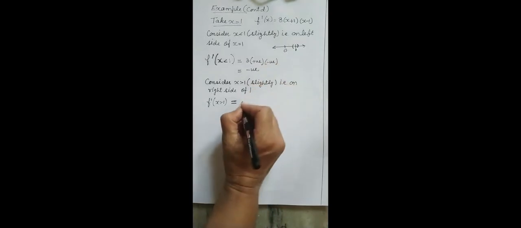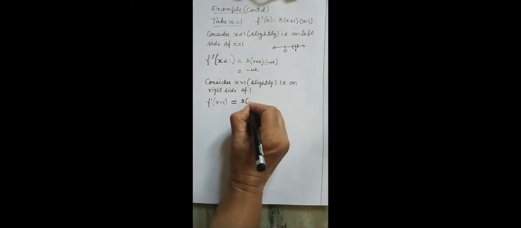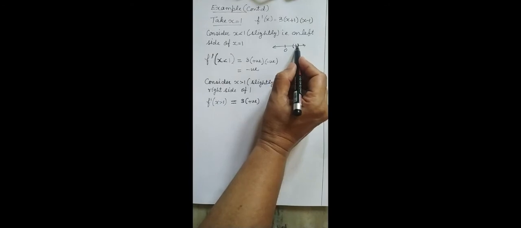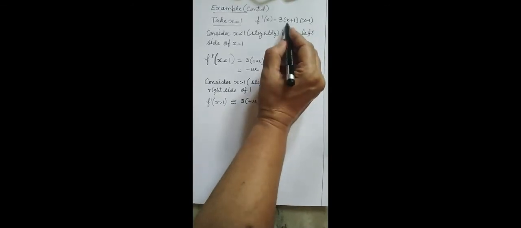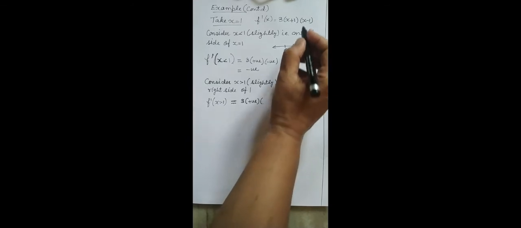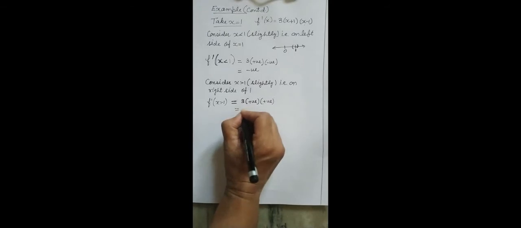I will put the value. The first factor will be positive, because if a number is very close to 1 and greater than 1, it will be a positive number, right? So it is positive plus 1, a positive quantity. Again I will put a number greater than 1 in this expression, again I will get a positive number. So finally the derivative will be a positive quantity.